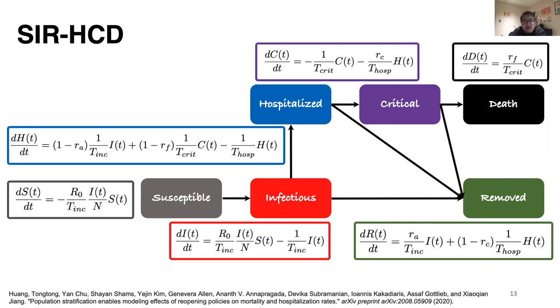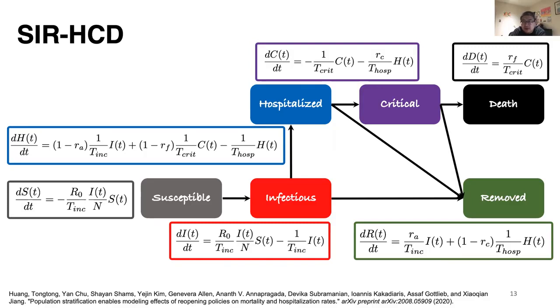And in the equation that models HCRD, T hosp represents the average time that a patient is in a hospital before either recovering or becoming critical. And the T crit denotes the average time that a patient is in a critical state before either recovering or dying.